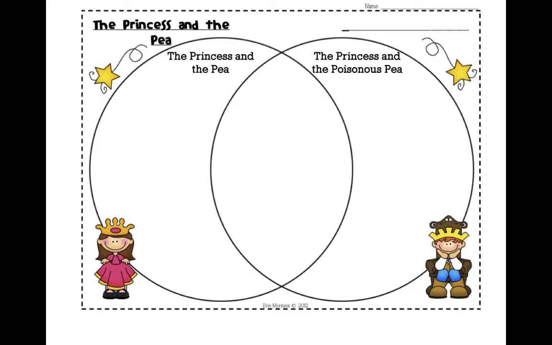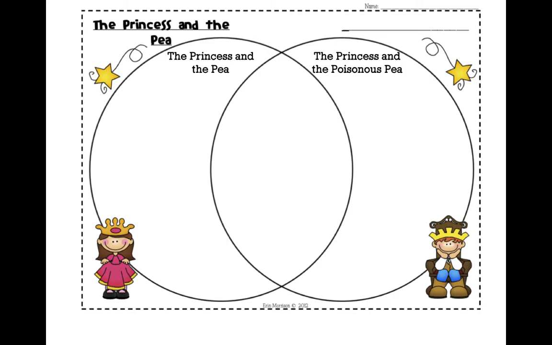And then on the right side, I'm going to write about The Princess and the Poisonous Pea. That's where I'm going to put all of my points that happened in only The Princess and the Poisonous Pea. And then in the middle of these two circles is where you put the points of what was the same between the two stories. So that's where we compare the two stories. Now we're ready to get started.